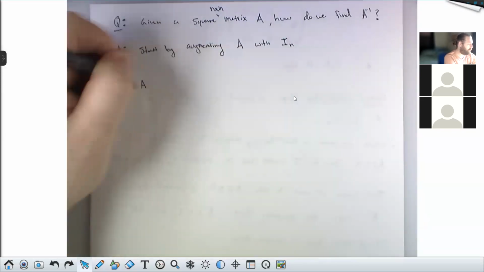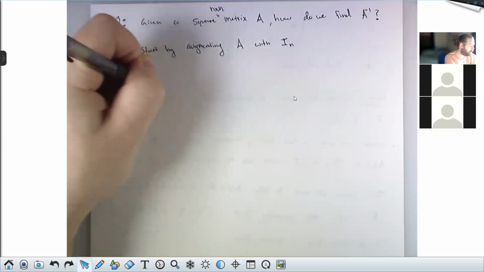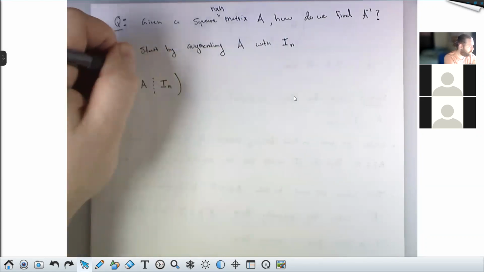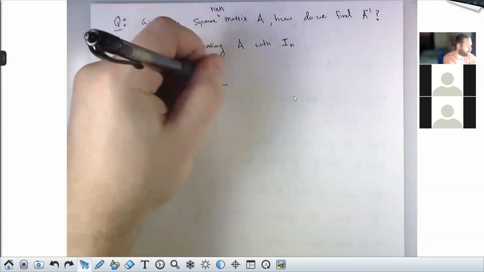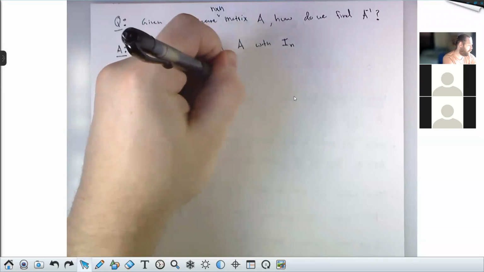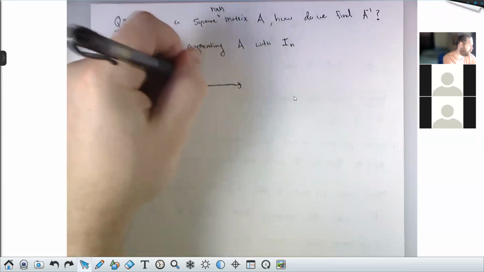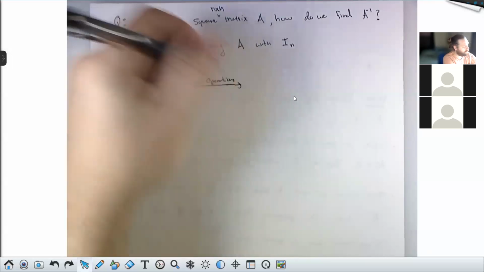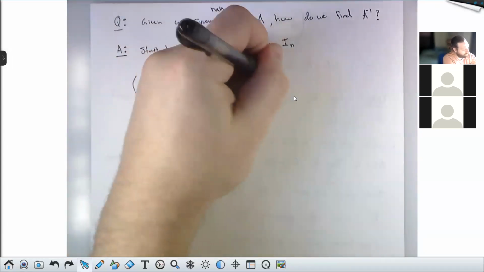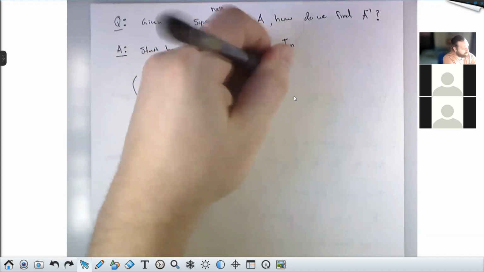So that means my matrix A goes over here. I put the same size identity matrix over here. And you run row operations until you have the identity matrix on the left.